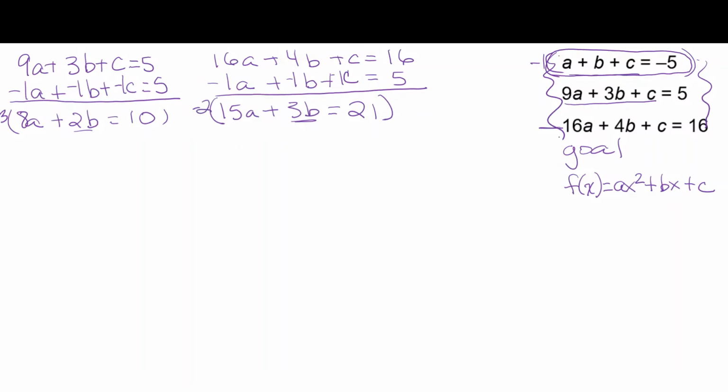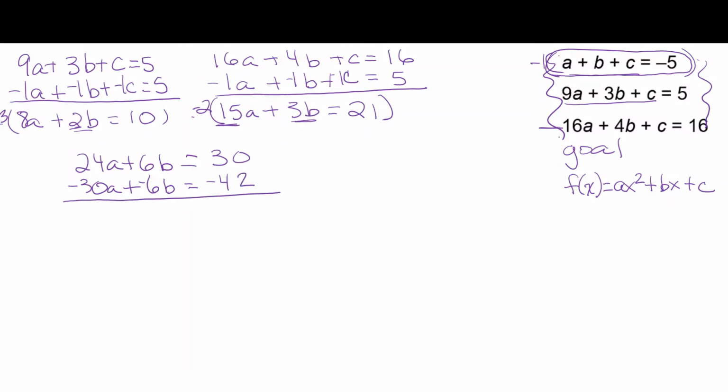So 8 times 3 is 24a plus 3 times 2 is 6b equals 3 times 10 is 30. And over here, -2 times 15 is -30a plus -2 times 3 is a -6b equals -2 times 21, -42.